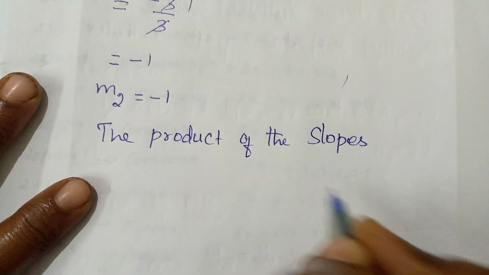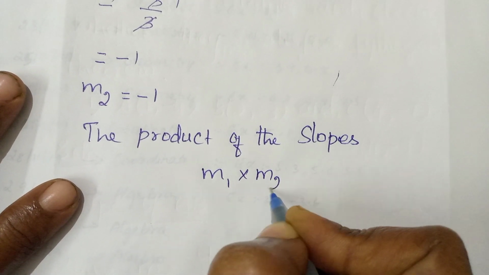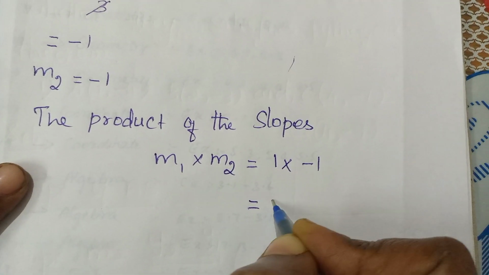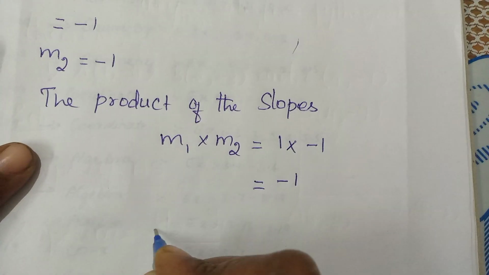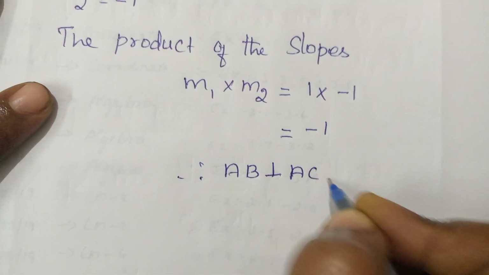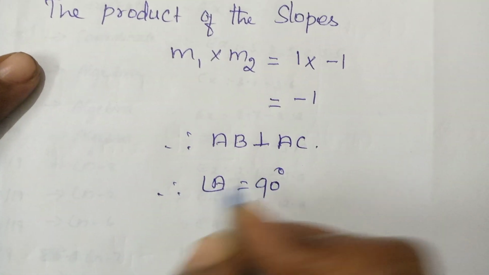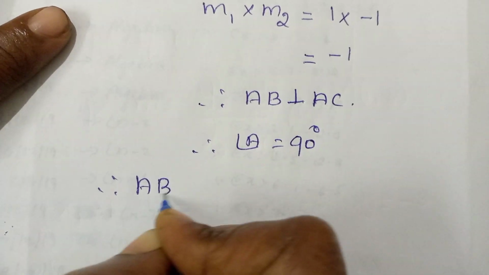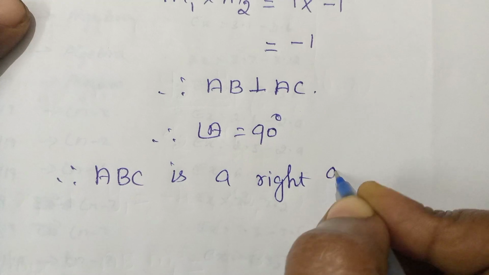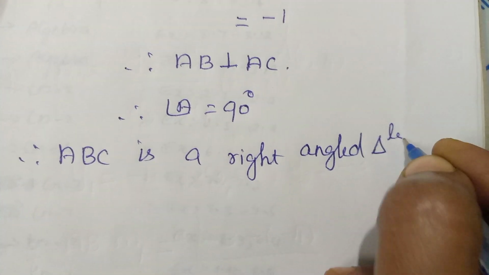So m1 into m2 is equal to 1 into minus 1, which is equal to minus 1. Therefore, AB is perpendicular to AC. Therefore, angle A is equal to 90 degrees. Therefore, ABC is a right angled triangle.